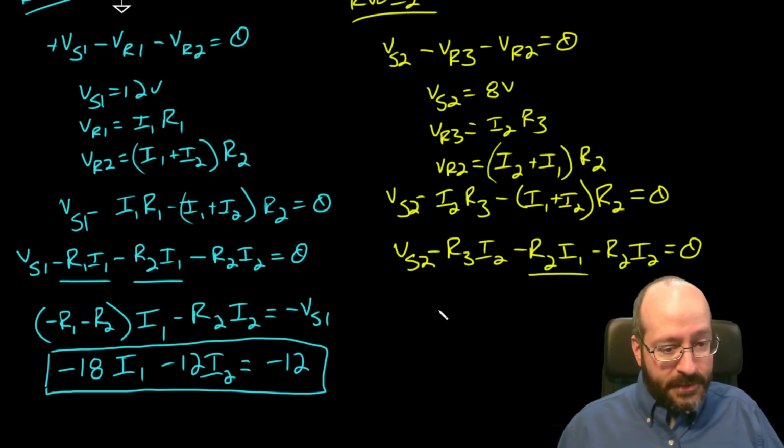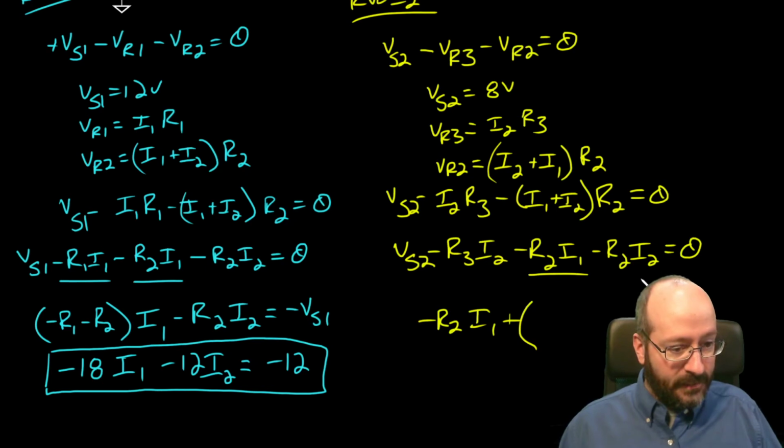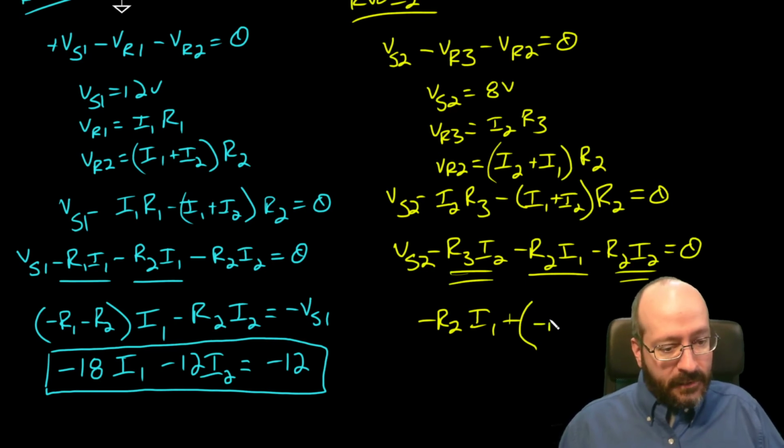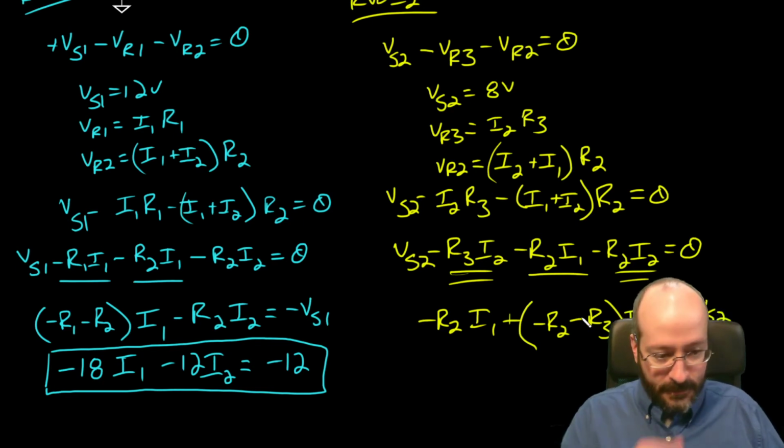That's our only I1 term, so we get negative R2 I1. And then here's my habit again. I'm not going to break it this time. I'm going to put a plus and a parenthesis because I know I have two terms that are I2 terms. So negative R2, negative R3, and that's in front of I2. Bringing VS2 over, so it's going to be minus VS2.